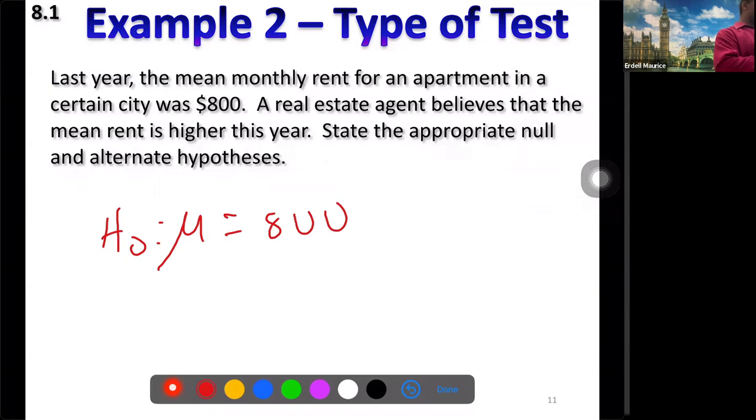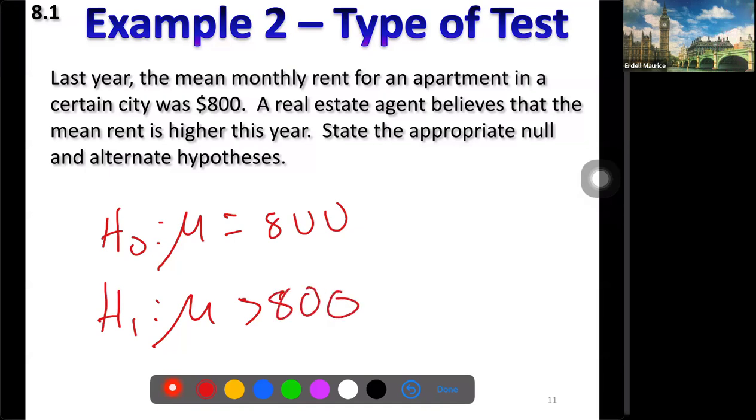And what is my H1, my alternative hypothesis? Mu is greater. Is it greater than 800 or is it greater than 801? Or is it greater than 855? The numbers are always the same. So it's going to be greater than 800. All right. Questions there?